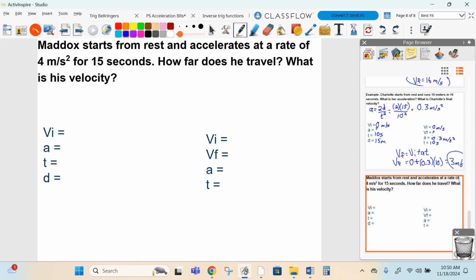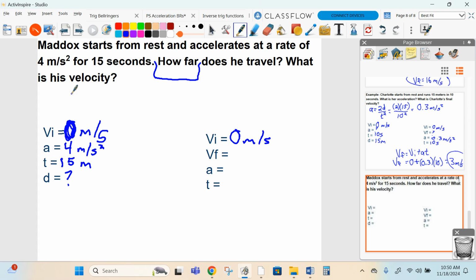Here is the last example. Maddox starts from rest. VI is 0 meters per second. Accelerates at a rate of 4 meters per second squared. That is acceleration, 15 meters. How far does he go? It's going to ask for distance.